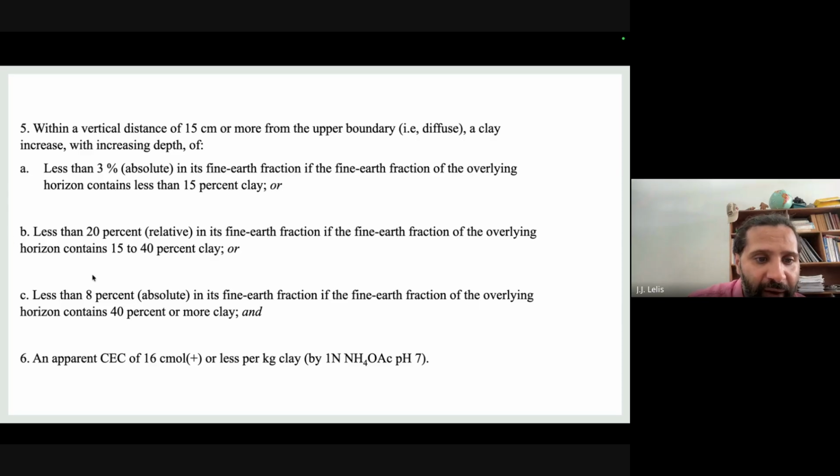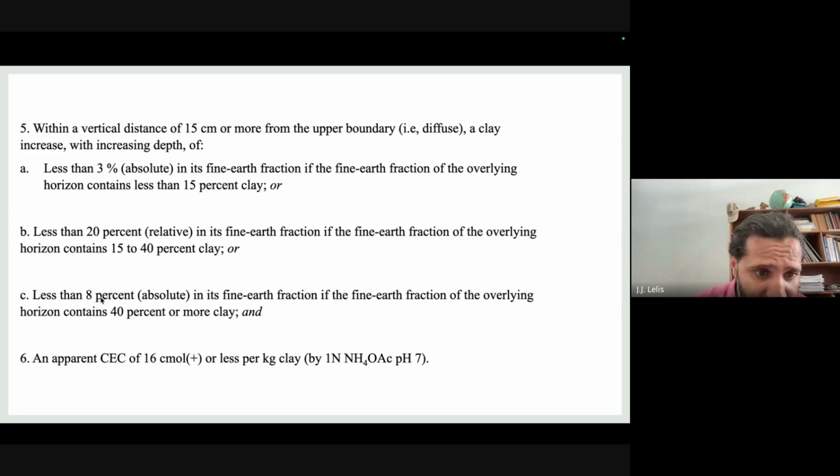And when I have a horizon with more than 40% of clay, the content of the B horizon should be less than 8% more than the A horizon. So let's say that the A horizon has 42% of clay.